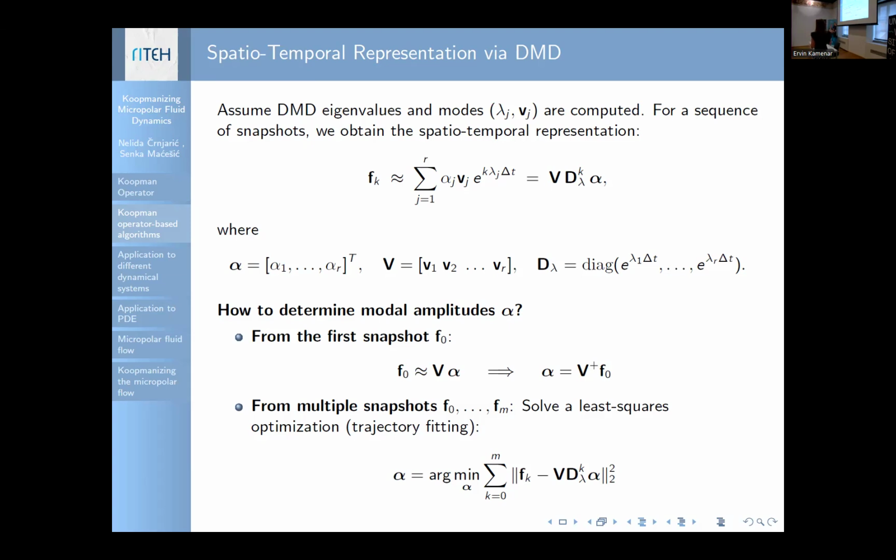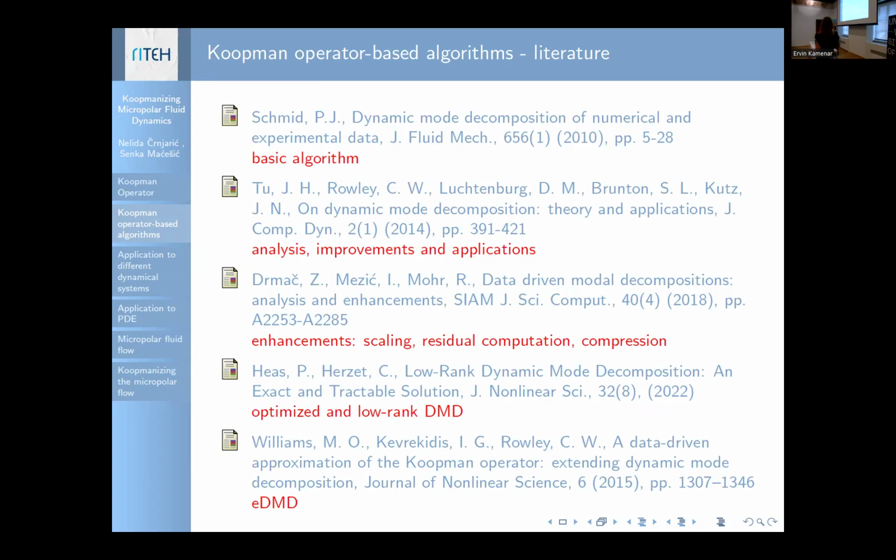After minimizing it, we obtain the alpha in this way. We tested both approaches on one test example, and the results were similar on those that we tried. Here I just refer to a few works where the original version of the algorithm and the enhancements that we used in our work are given.